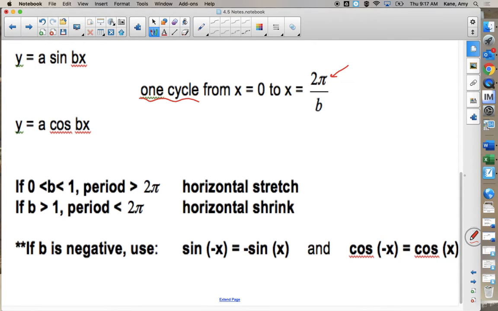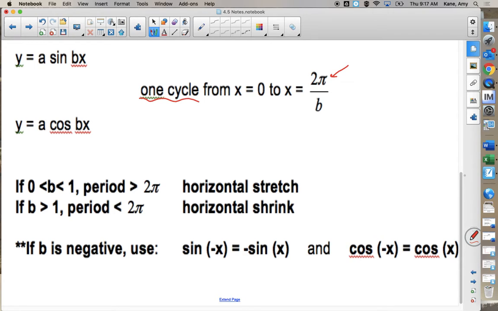Except that 2 pi is going to be affected by the b value with x. So that 2 pi changes by that factor of b. And we'll be dividing by that factor of b, the number in front of x. So instead of it being the typical 2 pi distance, I might shrink that distance because I'm dividing by 2.